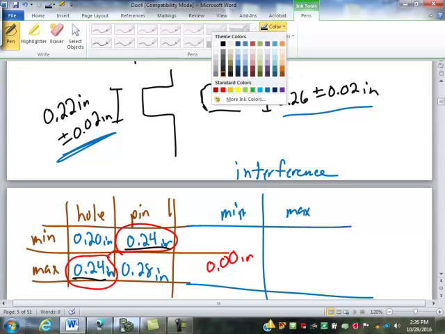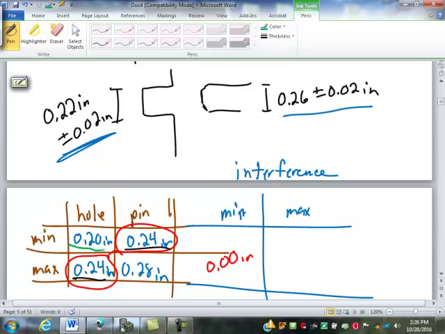Now the other side of that, maximum interference, is when the hole is at its smallest and our pin is at its largest. That gives us an interference of 0.08 inches, which is a little bit more than 1/16 of an inch.